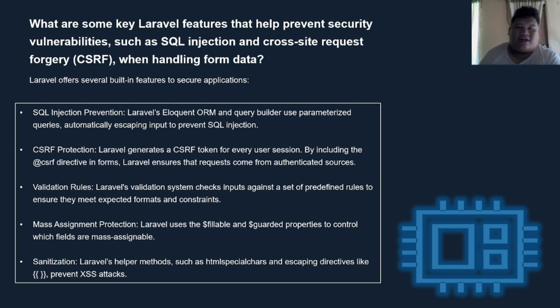What are some key Laravel features that help prevent security vulnerabilities such as SQL injection and cross-site request forgery, or CSRF, when handling the data? Laravel offers several built-in features to secure applications. SQL injection prevention: Laravel Eloquent ORM and query builders use parameterized queries, automatically escaping input to prevent SQL injection.